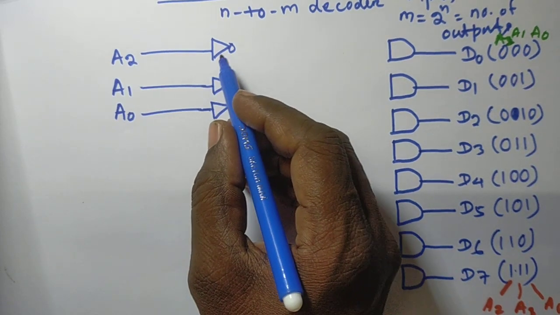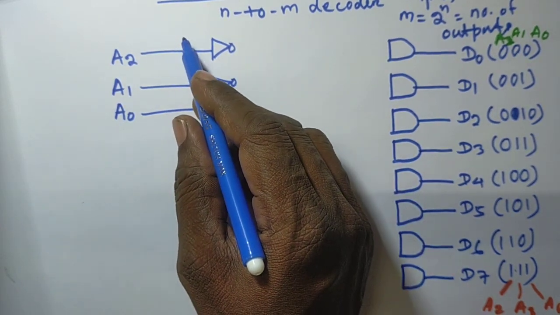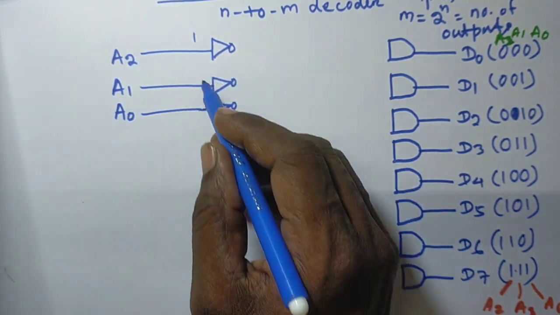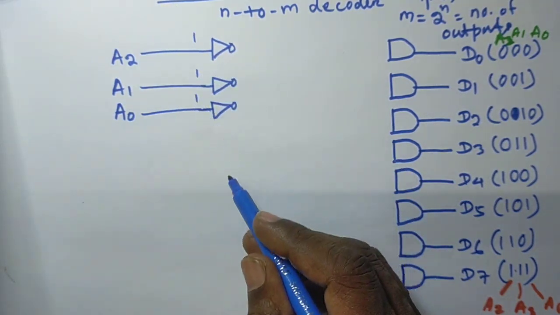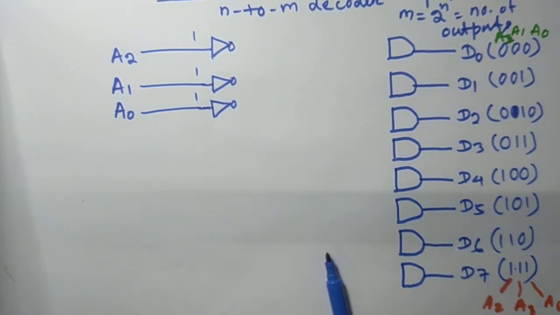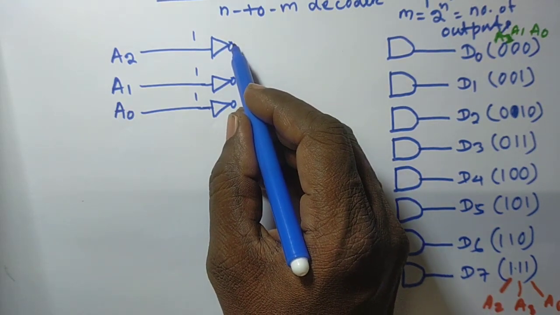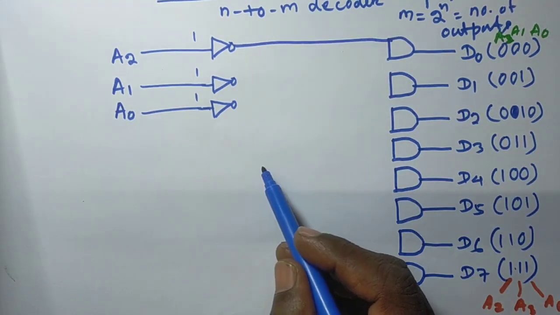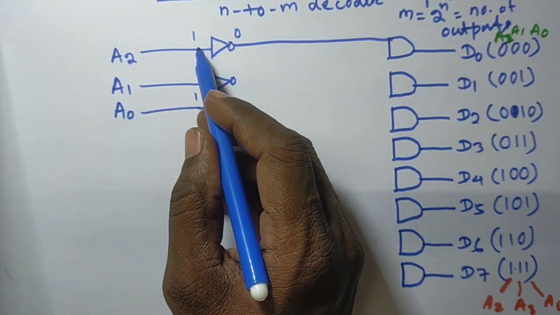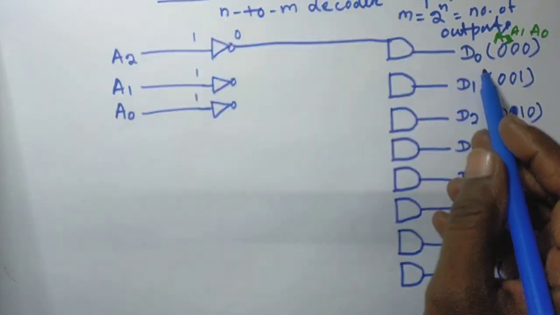Suppose A2 is 1; if we go through this inverter, it will be 0 because 1 is given. After the inverter it converts to 0, and that 0 connects to D0.